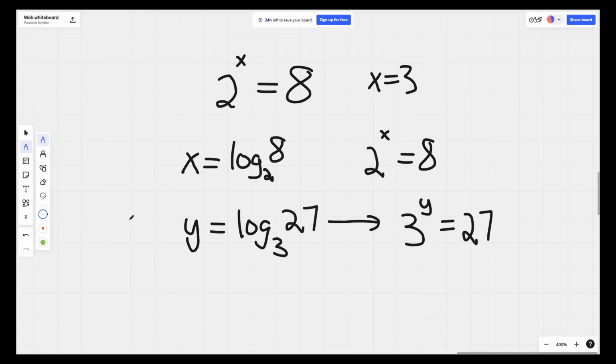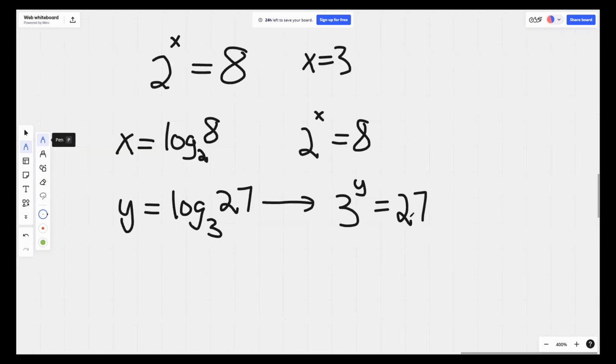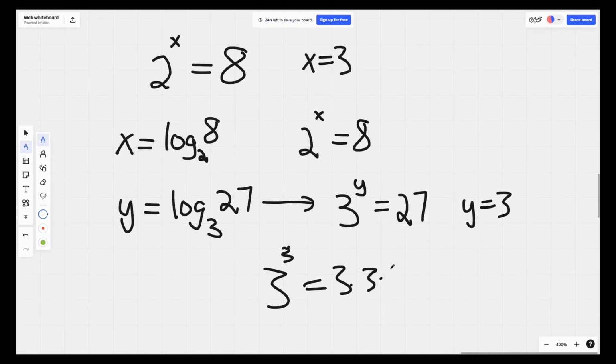Yeah, I'm getting a lot of 3s in the chat, and that is correct. y equals 3 because when 3 is raised to the third power, we get 27, right? 3 to the 3 is 3 times 3 times 3, which equals 9 times 3, which equals 27. So log base 3 of 27 is 3.